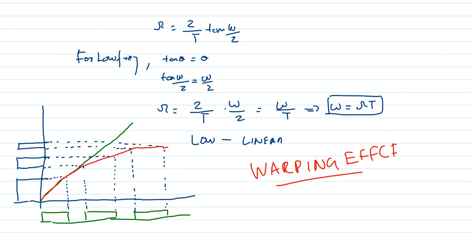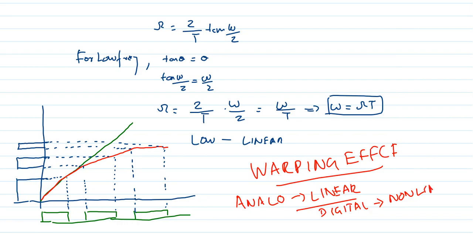So what essentially is the warping effect? An analog filter with linear response, after conversion has been transformed into a digital filter with non-linear response. This effect is called warping effect.